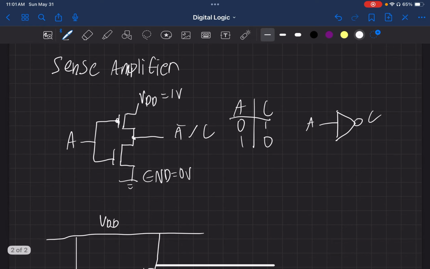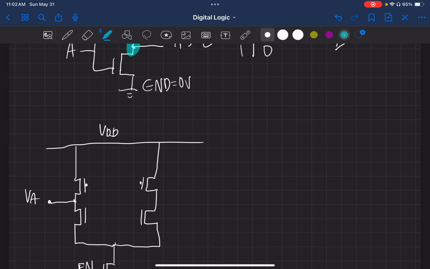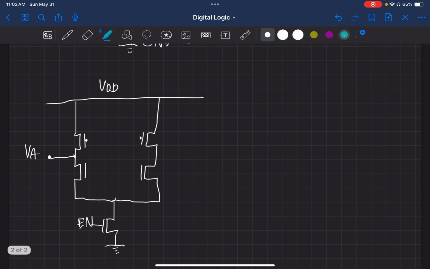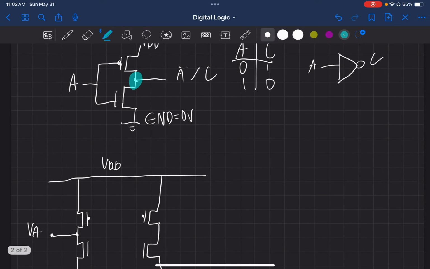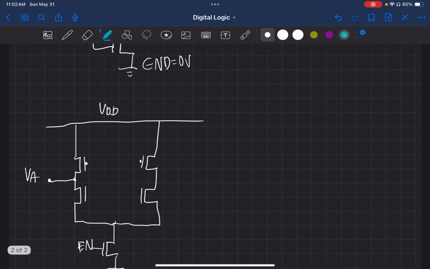If you remember up here, the output of a CMOS is in between the PMOS and the NMOS. So you can check that once we have the enable, if that's true. The enable is just to turn on this device, but it's not really that important. So VA is going to be the output of this inversion.